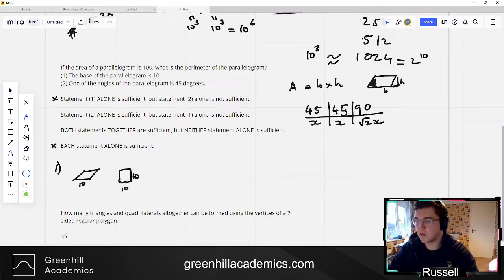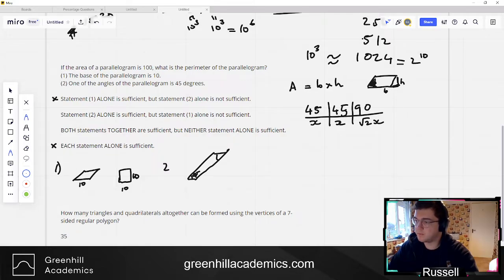Let's consider statement 2. We know for statement 2, we now have no side lengths. So this could be a parallelogram like this, with this side of 45, and this of 45.